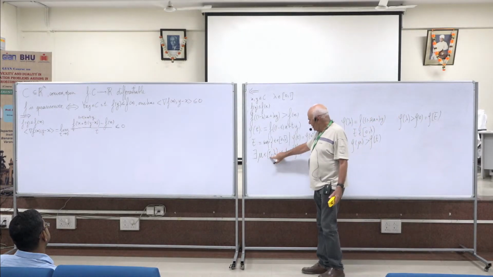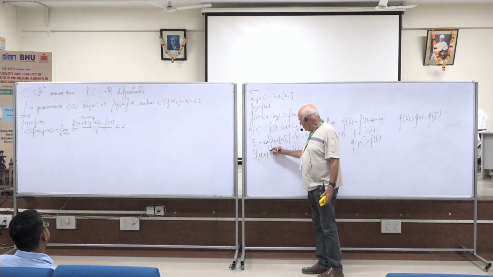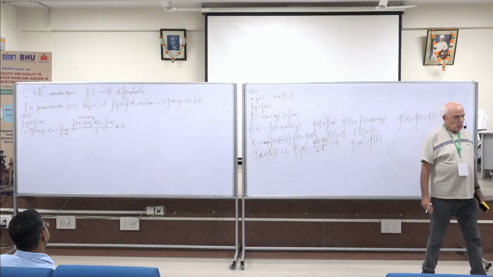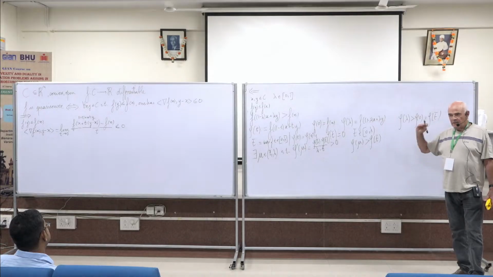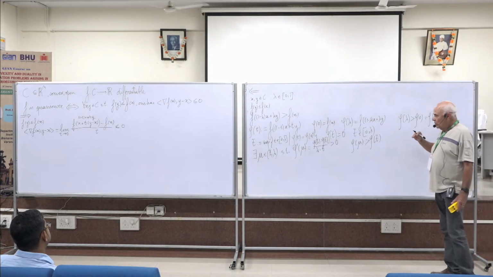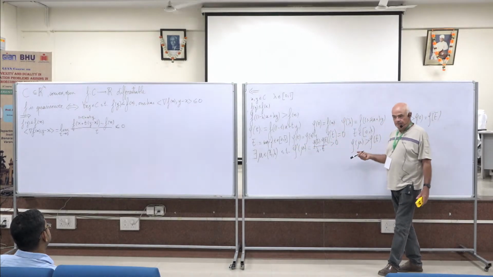Sorry, I said I am applying the mean value theorem to this interval, not to the 0 lambda interval. So mu is strictly larger than t bar, and t bar was the largest number where phi vanished.